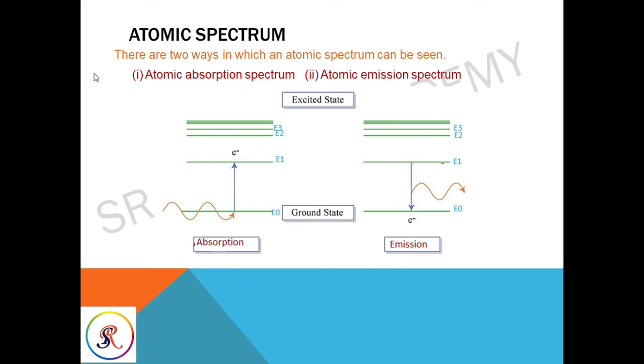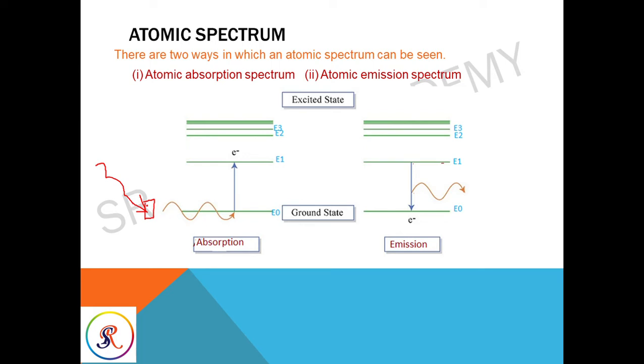Look at this image, the interaction of electromagnetic radiation with matter. For example, this is some unknown matter, and this is electromagnetic radiation. The interaction causes the atoms and molecules to absorb some energy.